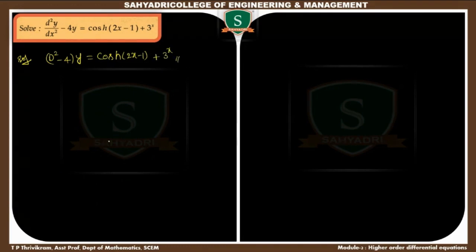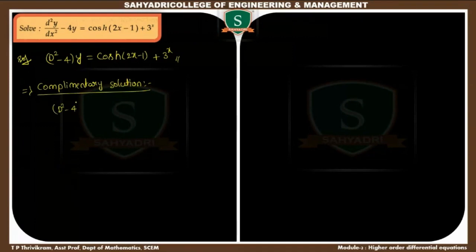So the complementary solution is nothing but d square minus 4 into y equal to 0, implies m square minus 4 equal to 0, implies m square equal to 4, implies m equal to plus or minus 2.